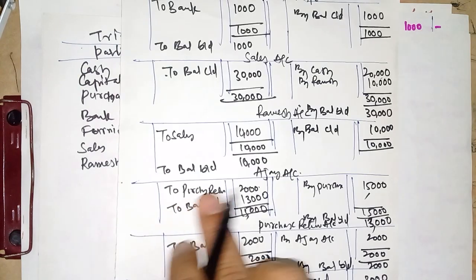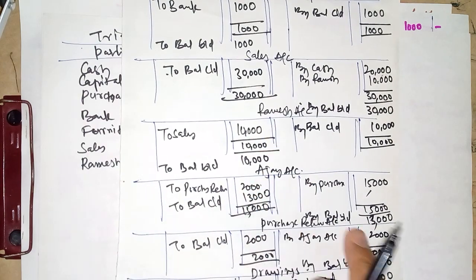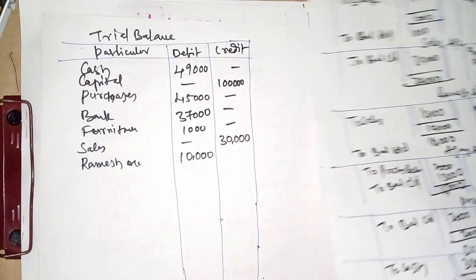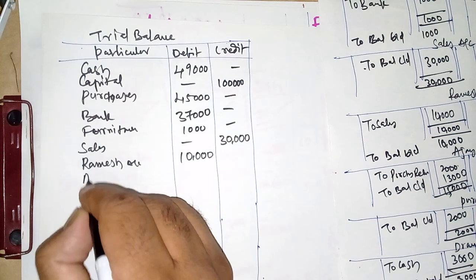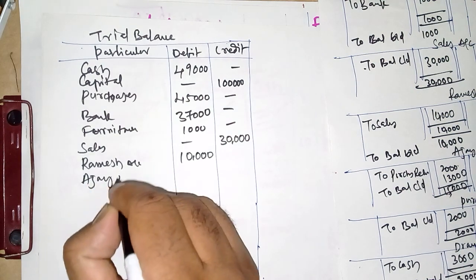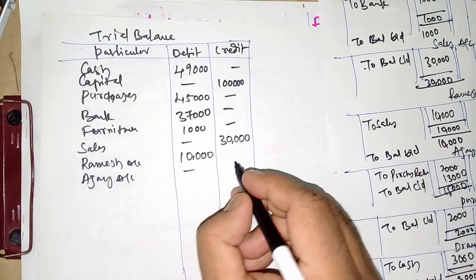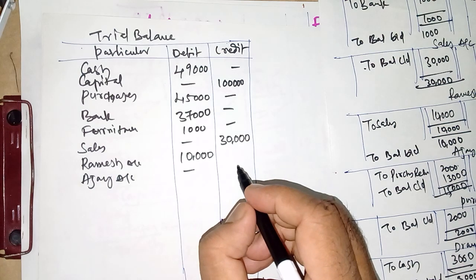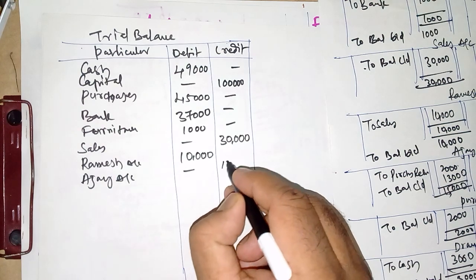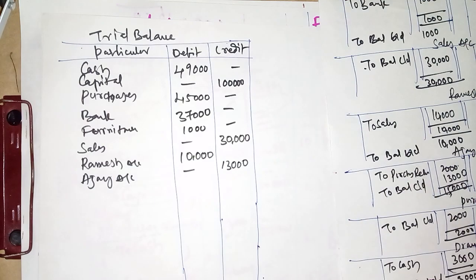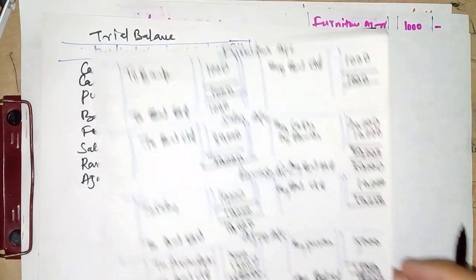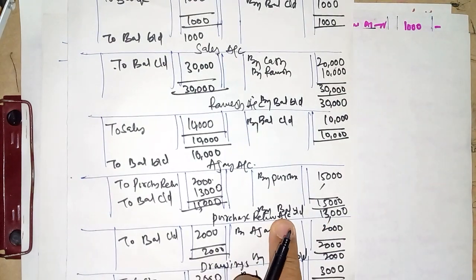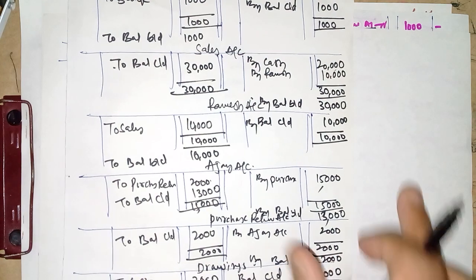Next account, after Ramesh, Ajay account, credit balance. We purchased from Ajay, we need to pay. So Ajay account credit balance is how much? 13,000, right? Then we have purchase return account showing a credit balance of 2,000.